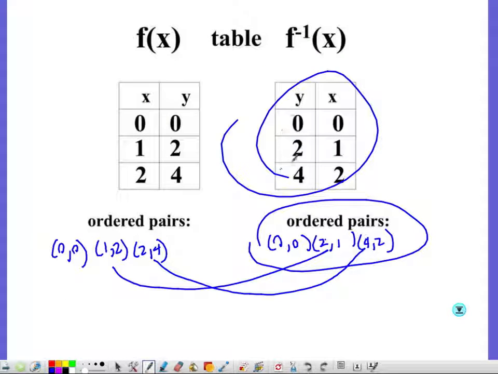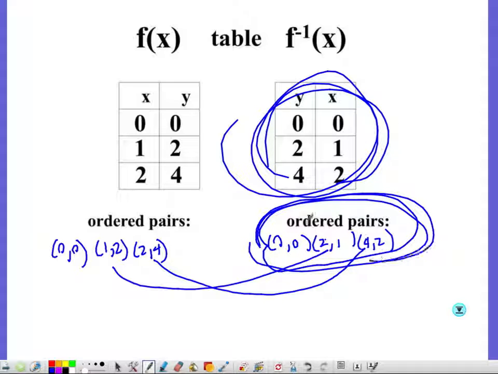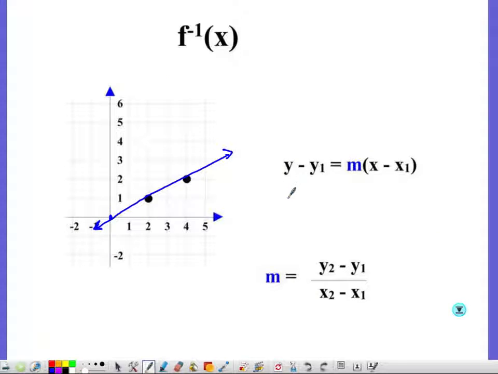So let's take this right here and figure out what the equation is going to look like. To do this, we have to find our two ordered pairs. Let's keep it simple for ourselves. Let's use 0, 0, and 2, 1. So 0, 0 is my x1 and y1, and 2, 1 is my x2, y2.